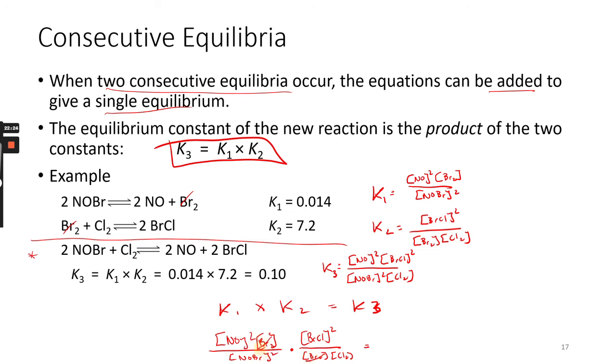These cancel out, and we end up with NO squared times BrCl squared divided by NOBr squared times chlorine, which is what we need here, right? These are the same. So therefore you could just multiply their values, and that's what they're doing here.